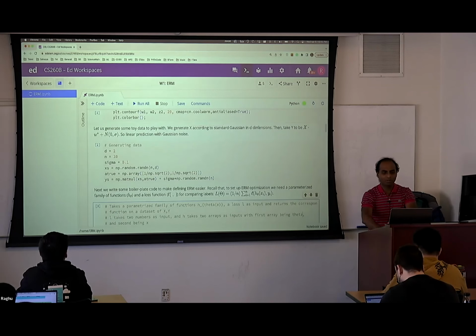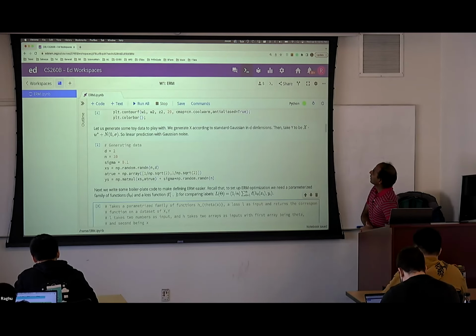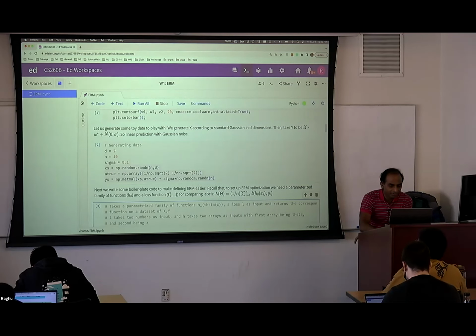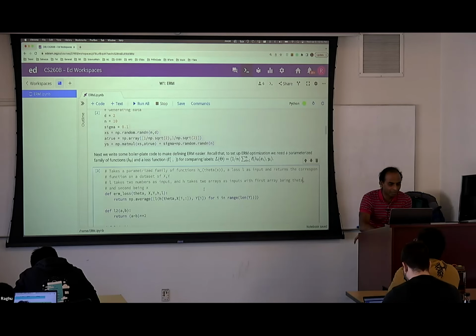So you have two-dimensional data, 10 examples, generate some noisy data where the labels are w star dot x plus some noise. Okay, and you can set up standard empirical risk minimization problems as we need.